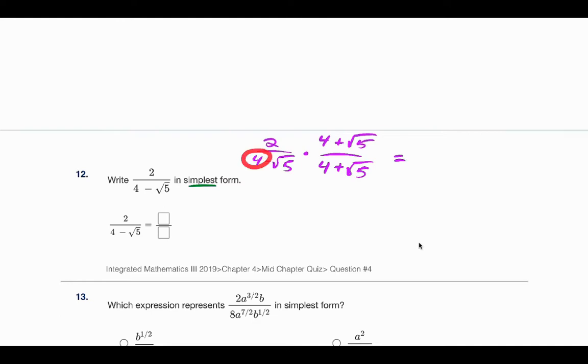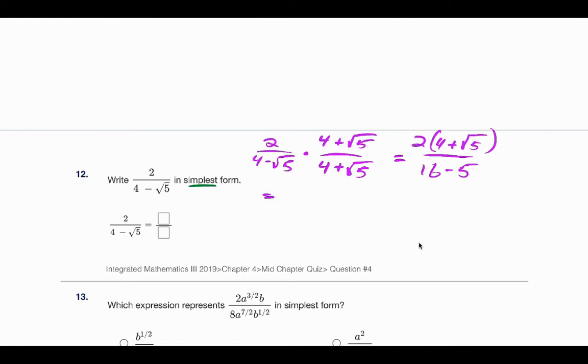So 4 times 4 is 16. The square root of 5 times the square root of 5 is just 5. And remember, it's a difference of squares, so minus 5. And on the top, we have 2 times 4 plus the square root of 5.